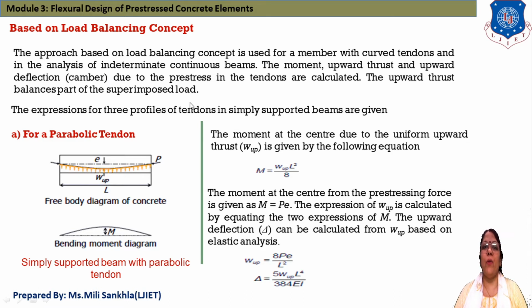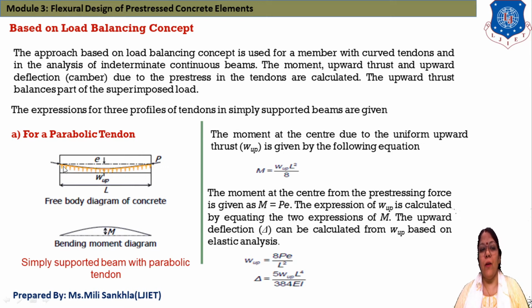Now, when load is applied on a structure, our structure deflects and ultimately it is balanced by upward thrust, which is the balance of the superimposed load. First we discuss parabolic tendons, which occur in a prestressing member subjected to uniformly distributed load.